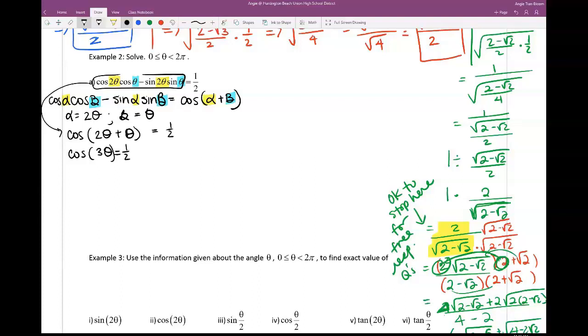Well, cosine is a regular function. There's no restriction. And cosine is positive 1/2 in quad 1 and in quad 4. Okay. In quad 1, cosine of 1/2 tells me that I need to be, now you're going to tell me, fill in the blank. What angle do you think I need to have for cosine to be 1/2 in quad 1?